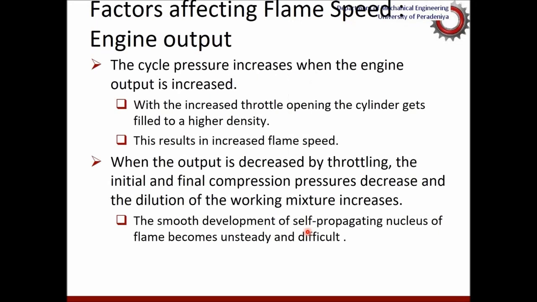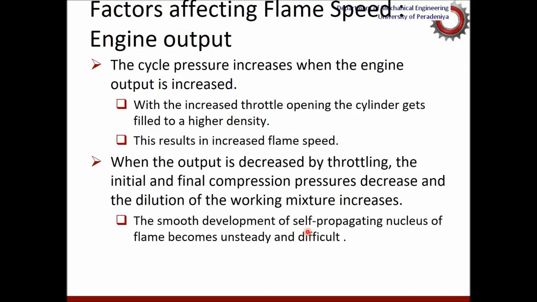And on the other hand, the engine output also affects the flame speed, because if you drive the engine with higher output, for example, if you run an engine under wide open throttle conditions, then the in-cylinder pressure will be high because the throttle is fully open. Then again the pressure and temperature within the system is high, that means the flame speed will be high.